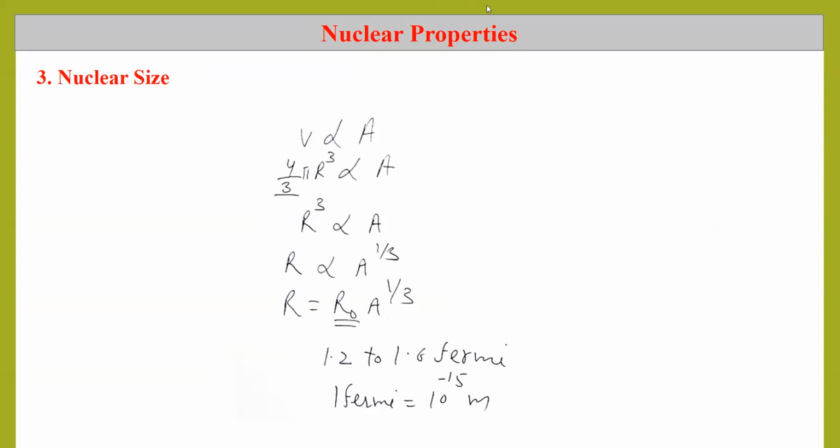Now nuclear size. How can we calculate the nuclear size? We know that volume is always proportional to area. V means volume, A means area.